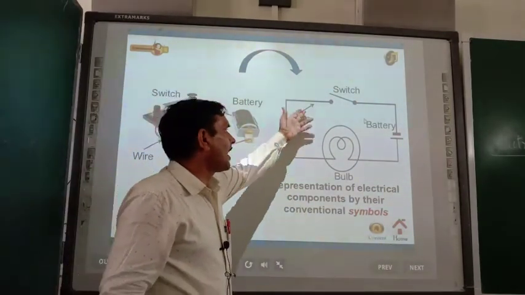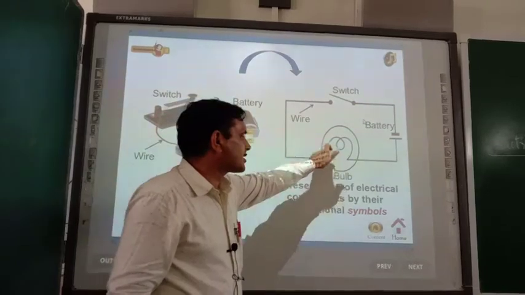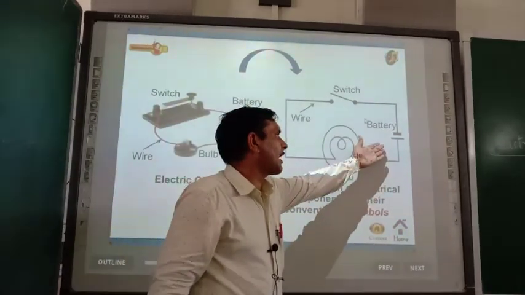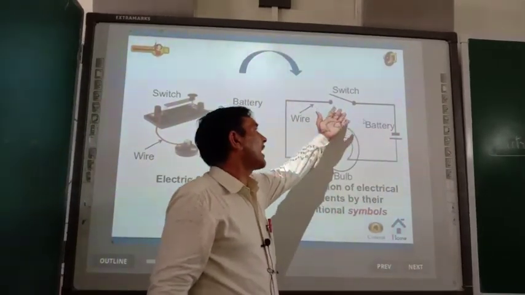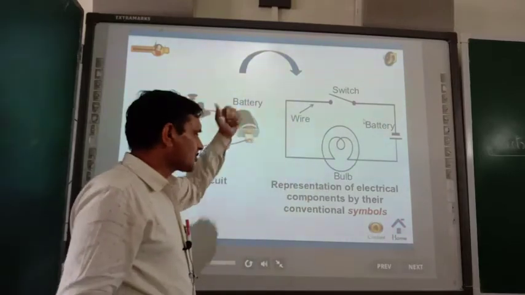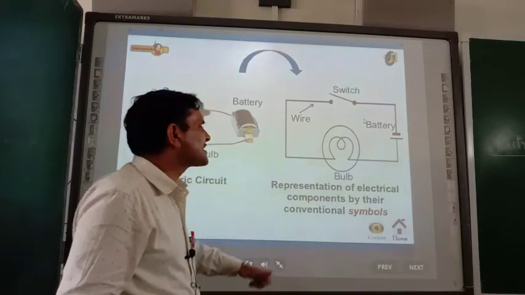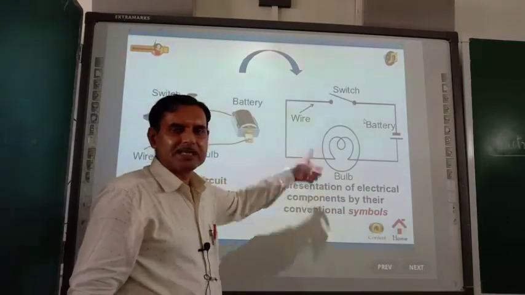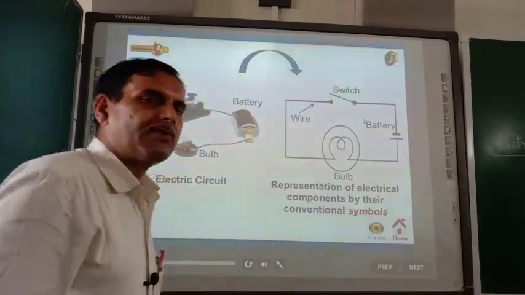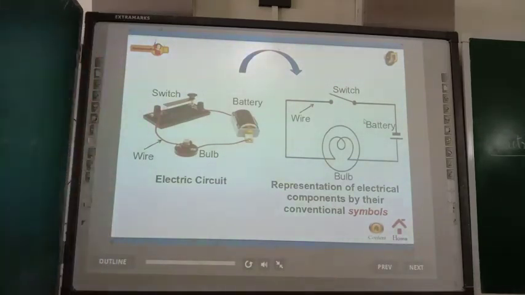Just see, this is the wire, this is the symbol of bulb, this is the symbol of battery, this is the symbol of switch. So these are the conventional symbols for the representation of electrical components.